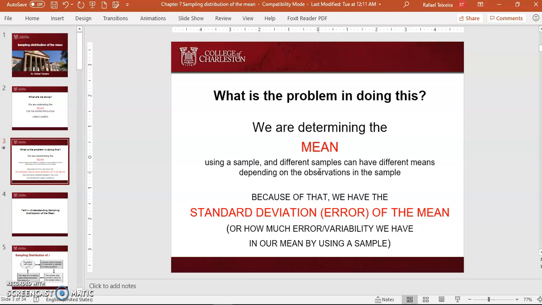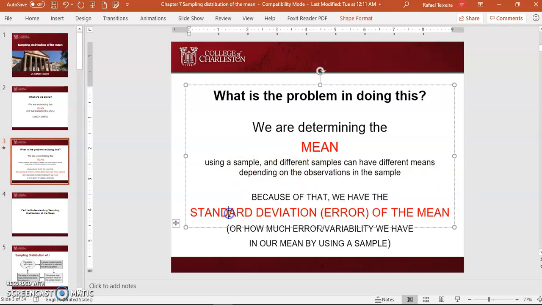Because of that, we can have different means for the same population because we're using different samples. Because of that, we have a variability of the mean, which is called the standard deviation or standard error of the mean, or how much error variability we have in our mean by using a sample.